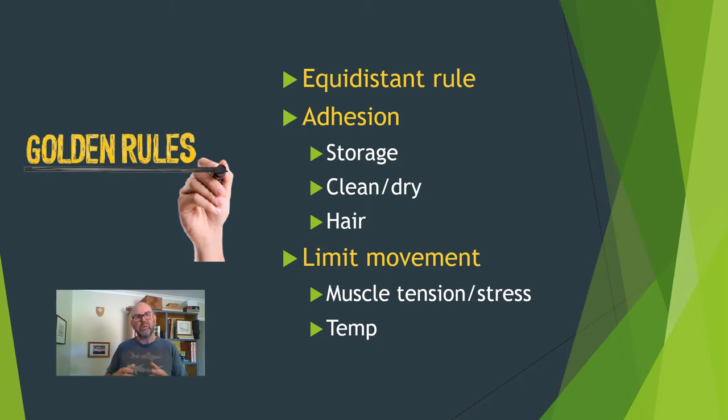Really important to make sure we've got good adhesion of the electrode. The main problem is bad storage. So if the electrodes are always stored away, they'll be creased. Both the adhesive that holds the electrode against the body and the gel that helps with the electrical signal will be dried out, and that will produce an artifact or a poor signal.